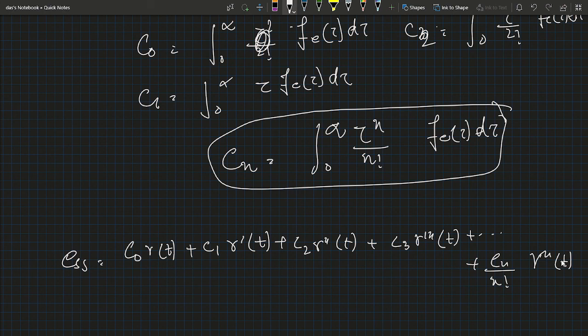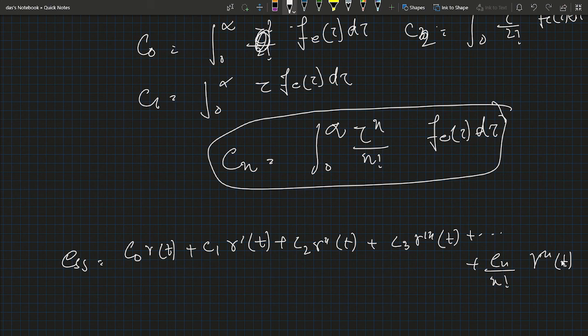Okay, so this is the general expression of the steady state error function. So the expression above is the generalized error series of steady state error, and the coefficients c0 to cn are termed as the generalized error coefficients.